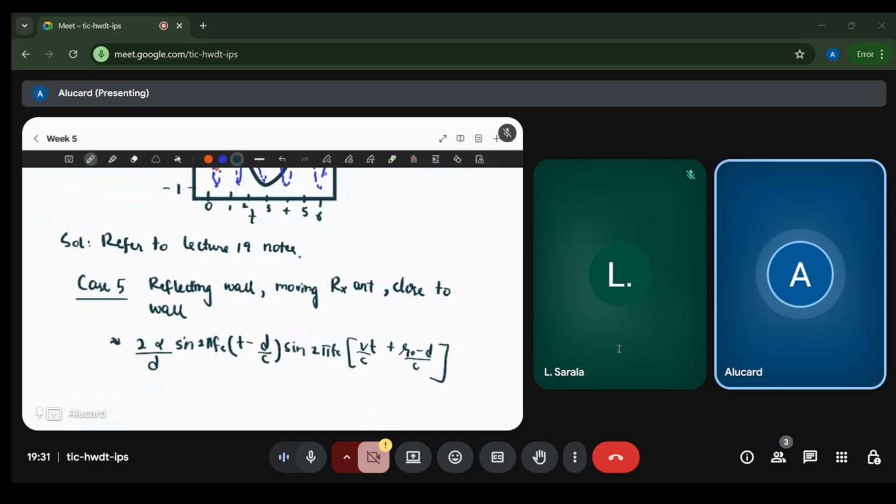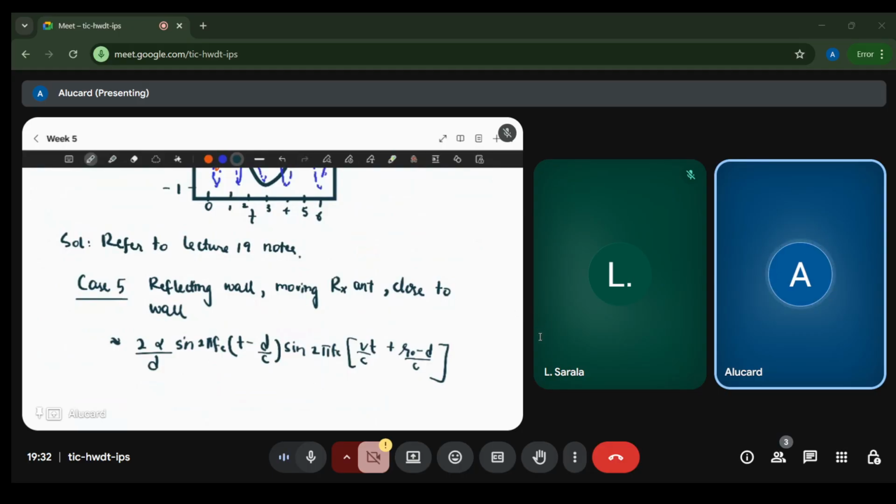Last time when we were solving the problem, the two components were getting added up. When we are close to the wall, there are two cosine components that you can simplify into a product of two sine components.